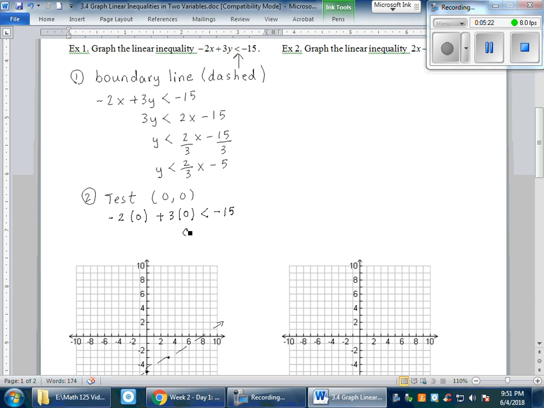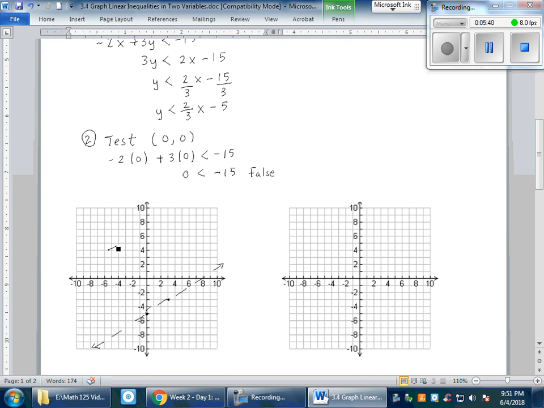So 0 is less than negative 15. That is what? False. Right? 0 is less than negative 15. That is false.